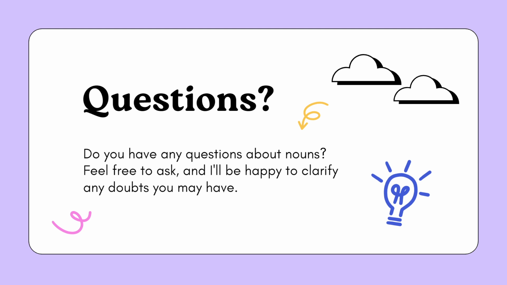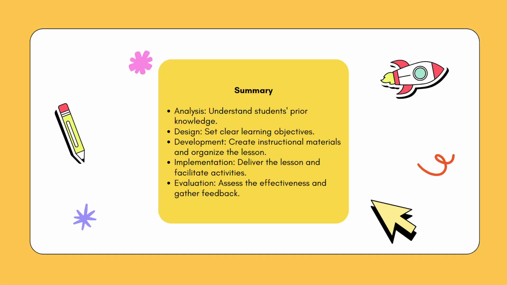By following the ADDIE model, instructional designers and educators can create well-planned, effective, and responsive learning experiences that meet the needs of their students and achieve desired educational outcomes. So let's summarize the topic.